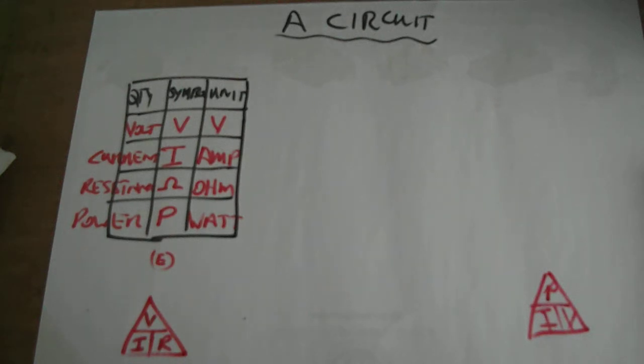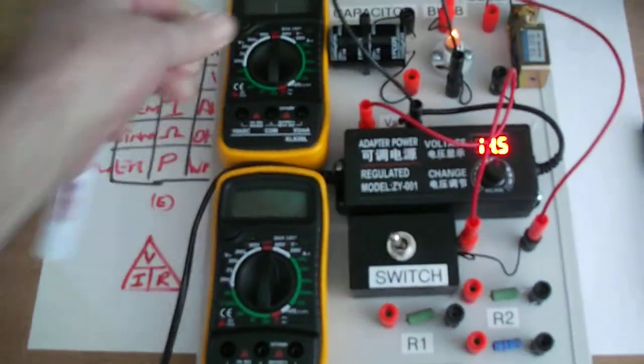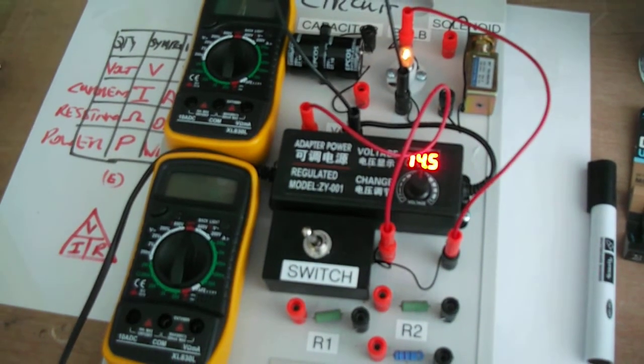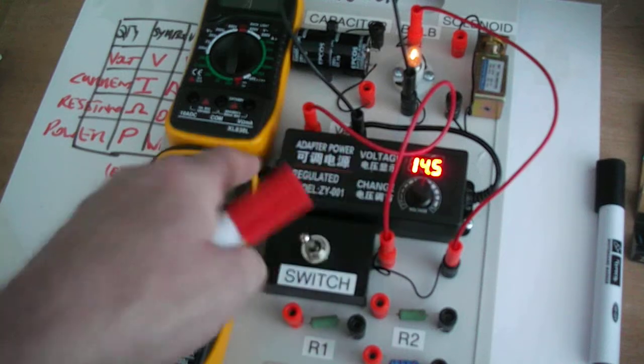Now we can see an example of a circuit in action. Here we have a mock-up really of a circuit. I have my supply, which is coming from this black box here.